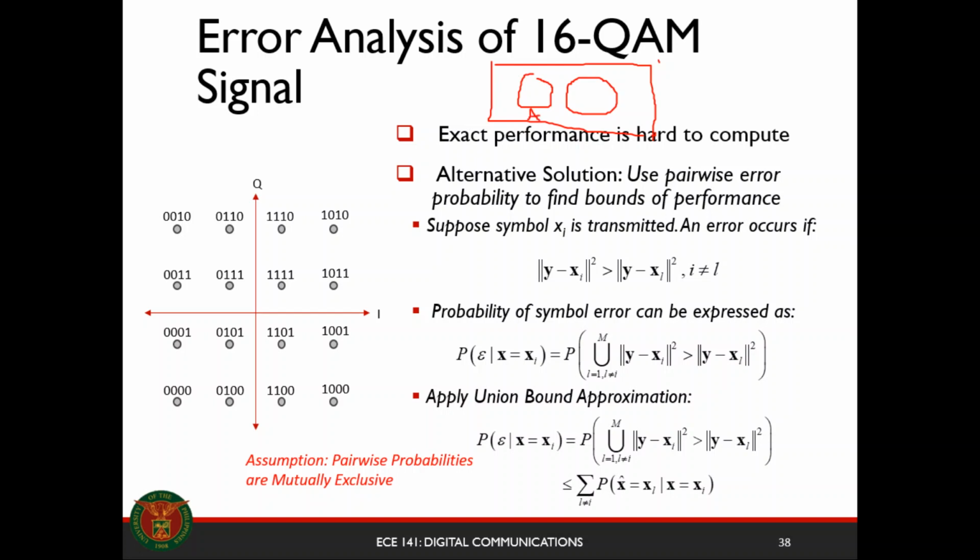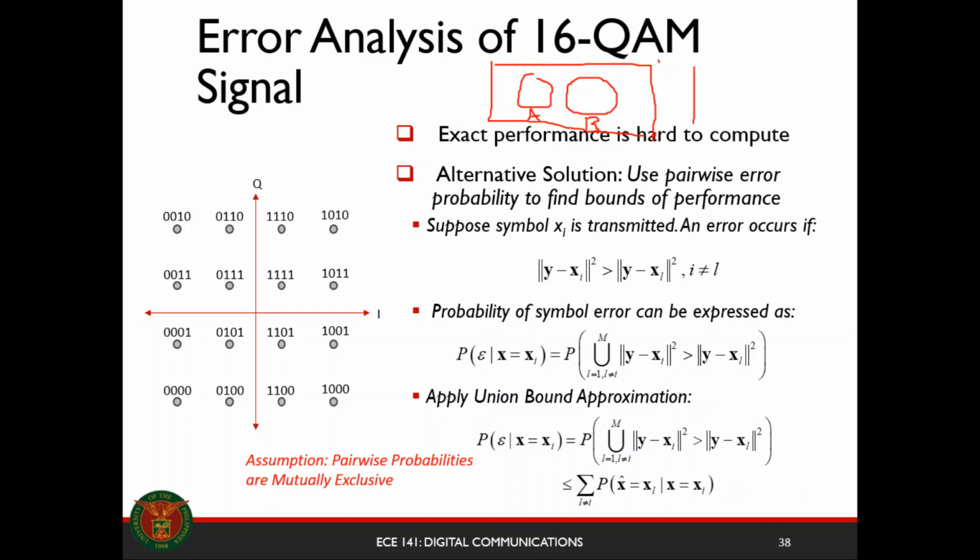Let's say this is the set of event A, this is the set of event B. The probability of A intersection B is 0, and the probability of A union B is the sum of their probabilities.